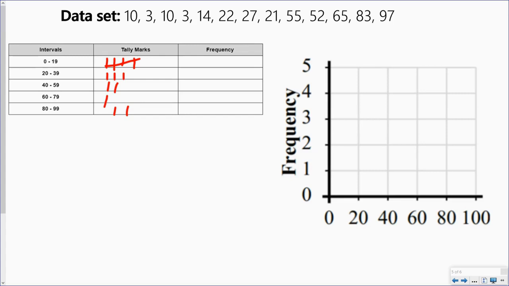So now I count out my tally marks, and here I have 5, 3, 2, 1, and 2. So now I have my frequency table filled out.